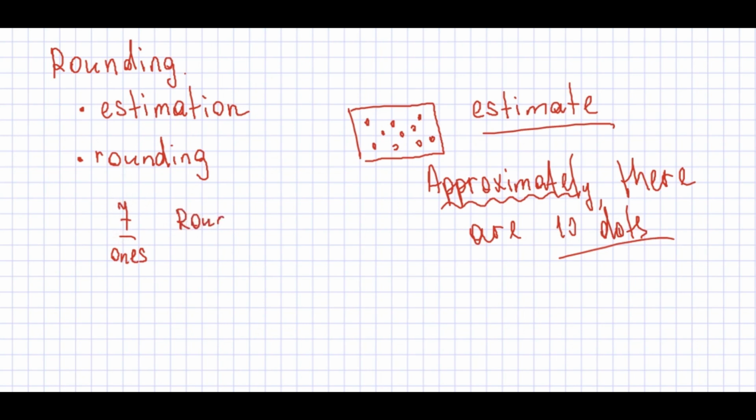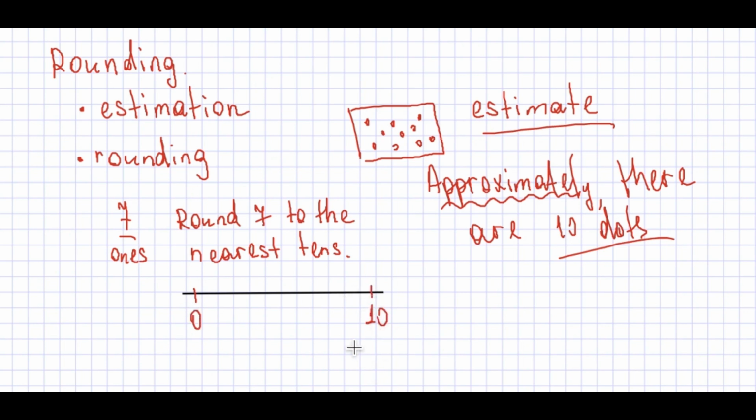Let's round 7 to the nearest tens. Okay, so I will draw a number line and I know that 7 is between 0 and 10. The number halfway between is 5.